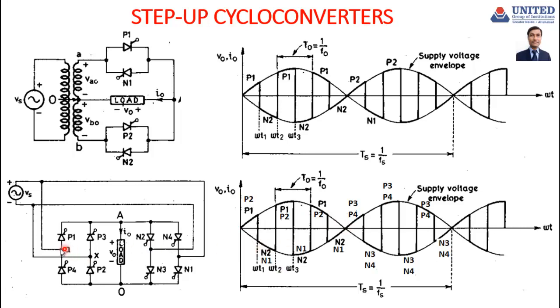When the forward biased thyristors P1, P2 are turned on at omega t is equal to 0, the load voltage is positive with respect to X. So the forward biased thyristors P1 and P2 are turned on together at omega t is equal to 0, so that the load voltage is positive with respect to terminal O, meaning A positive, O negative.